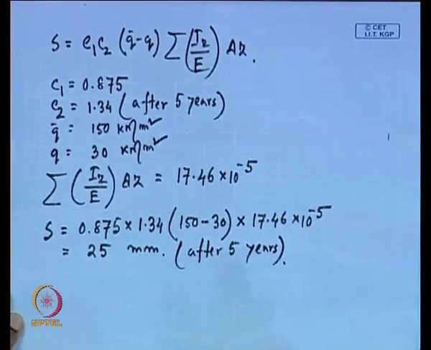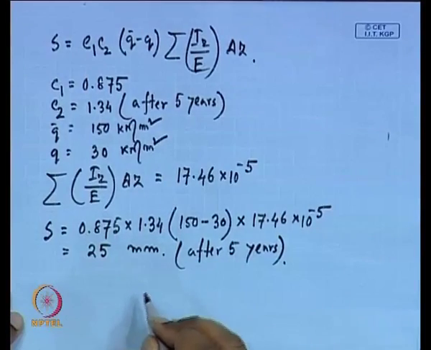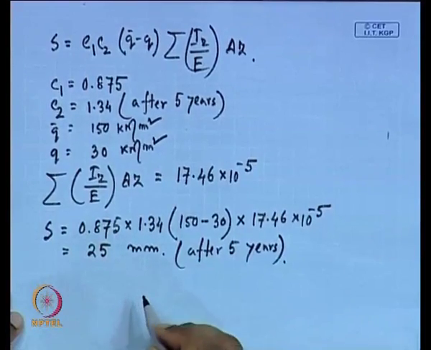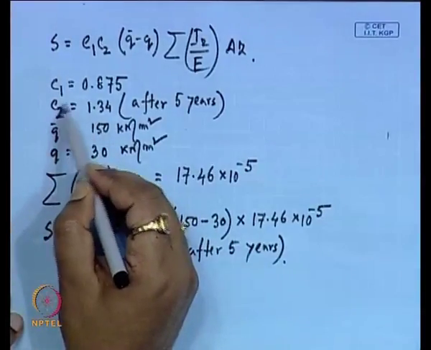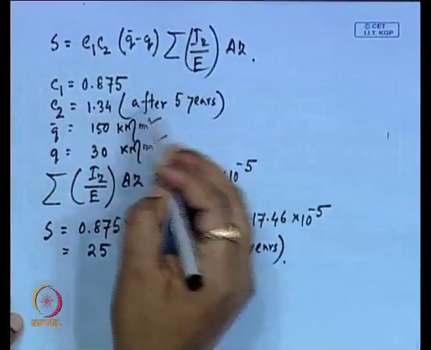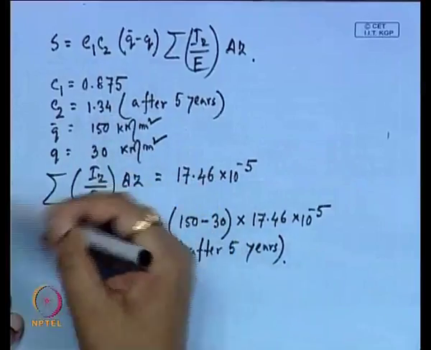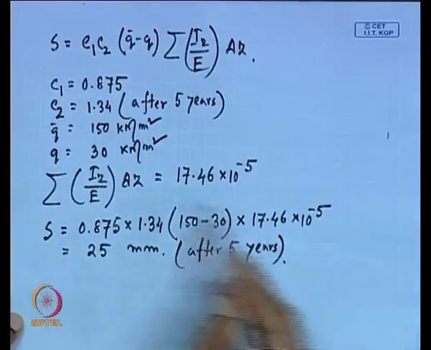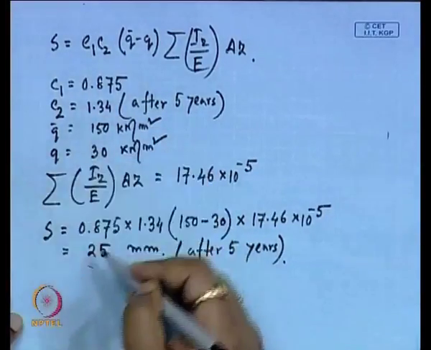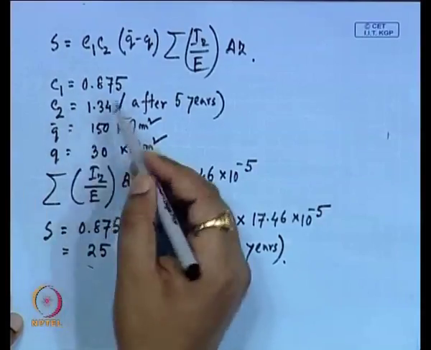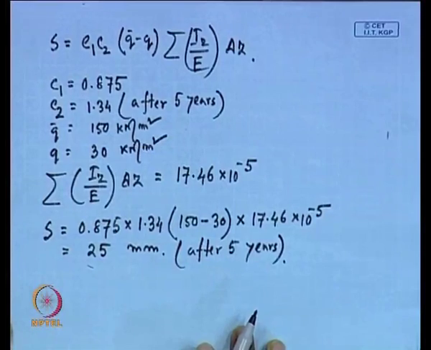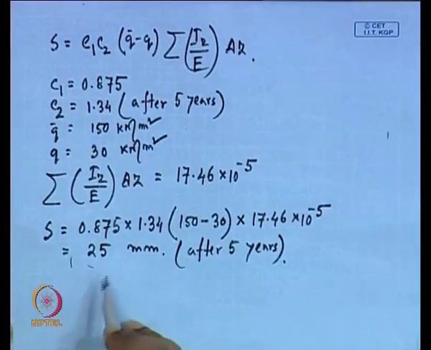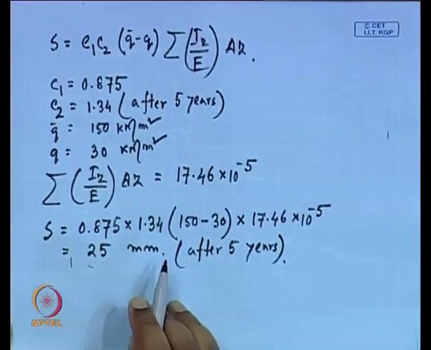Now, by using this difference, suppose I want to calculate the settlement after 1 year, then we have to modify the C1 C2 coefficient by putting t equal to 1 year, then we can multiply this settlement by this new C2 and divide it by the old C2, then we will get the settlement of the soil at 1 year also.